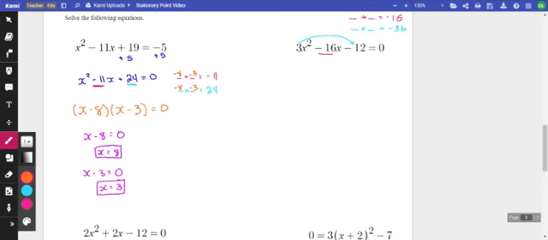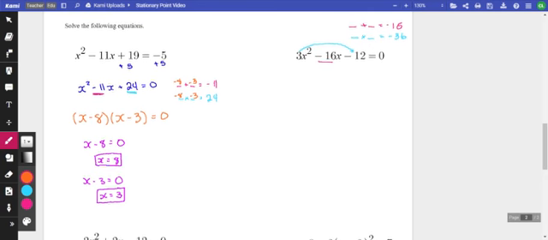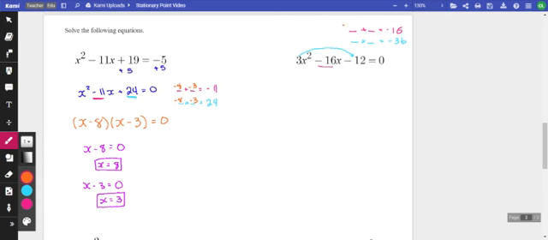So in this case, if we go negative 18, positive 2. Negative 18 plus 2 is negative 16. Negative 18 times 2 is negative 36.